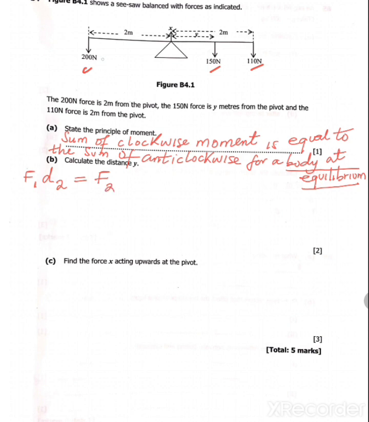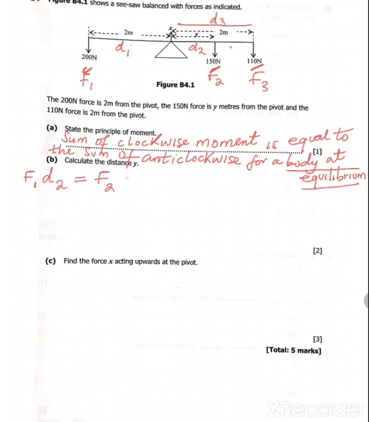This becomes our F1 and this becomes D1. This becomes our F2 and this becomes D2. This becomes our F3, and the distance from here to here becomes our distance 3.